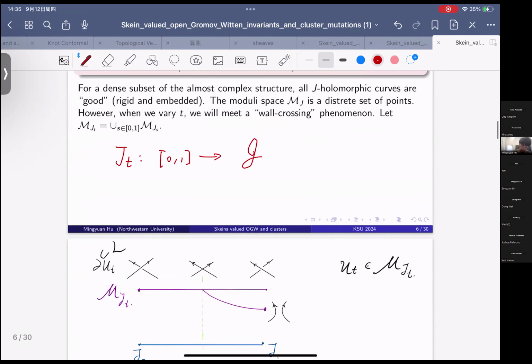Excuse me, is it kind of well defined? I understand that the virtual dimension is 0, but is there a virtual fundamental class? Yes, there is a virtual technique here. I think Ekholm and Shende deal with this virtual problem in their papers.